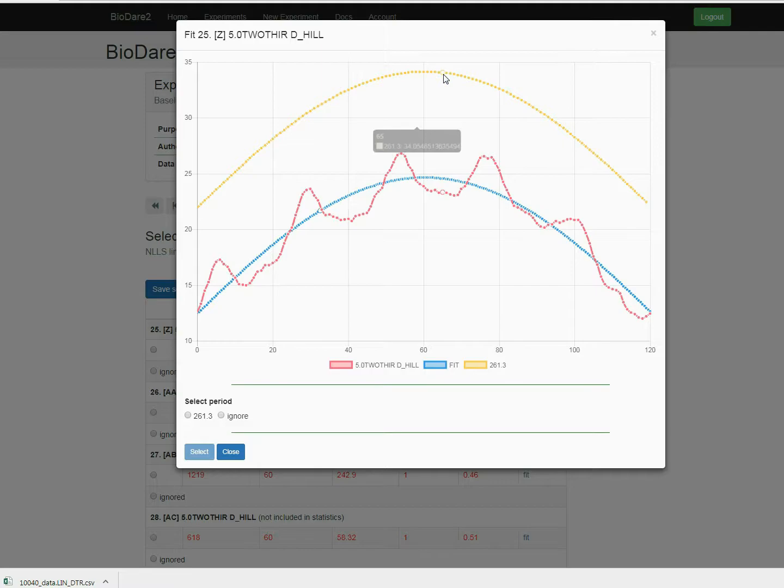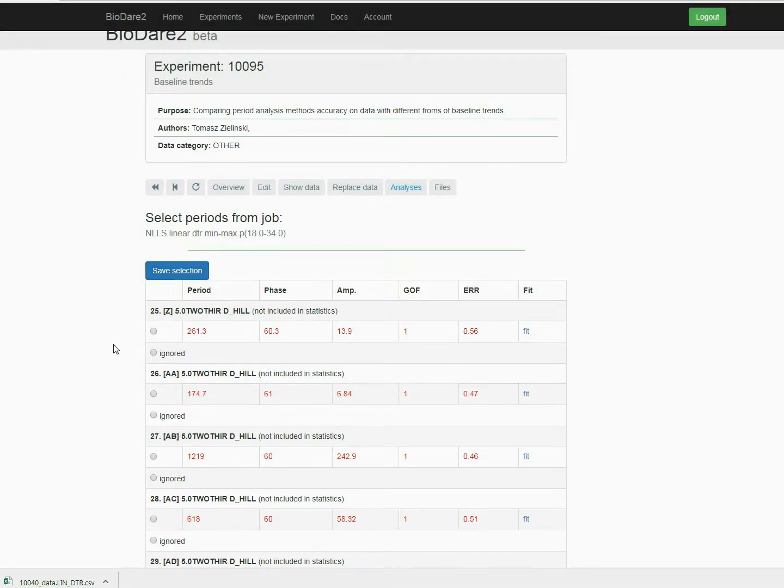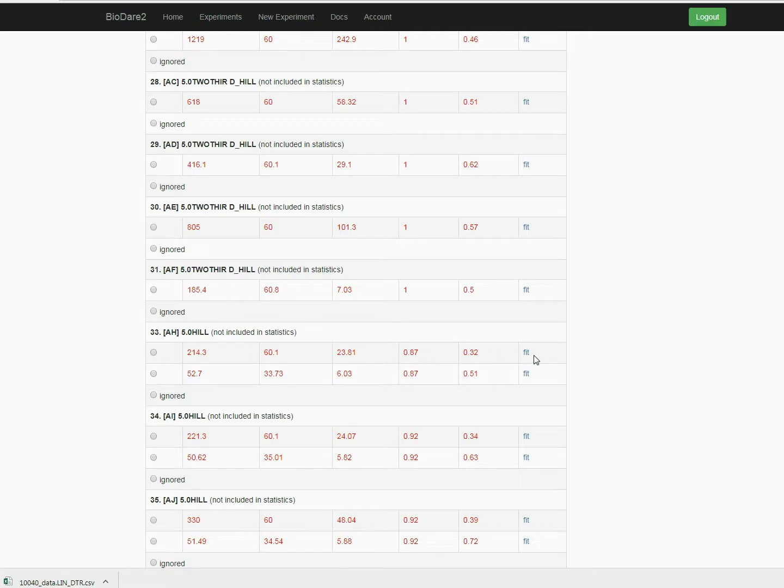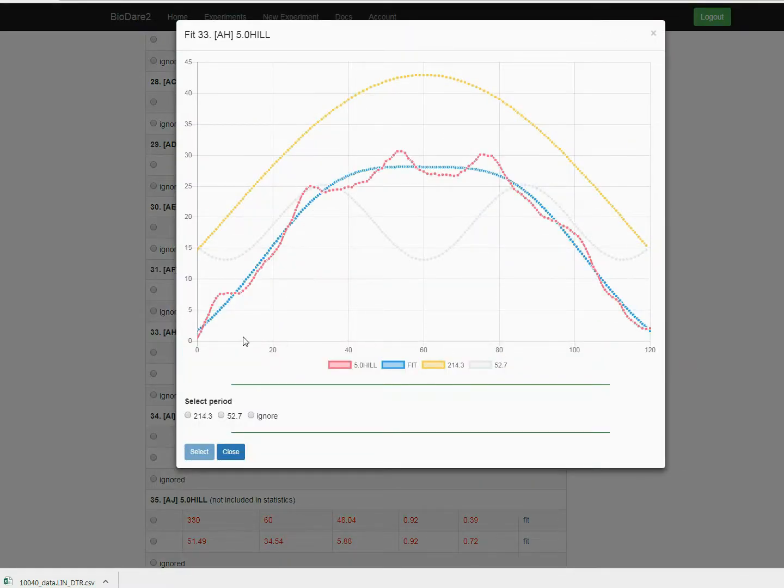Apparently, adding extra components to reproduce the oscillation was not improving fit enough, so the method stopped after finding the baseline trend in the data. If we check the other trend, the hill one, we will see the same problem. Again, method fitted the general baseline trend in the data instead of the circadian oscillations. And this is the main problem with the large trends in the data. Instead of circadian components, methods pick up only the baseline trend.